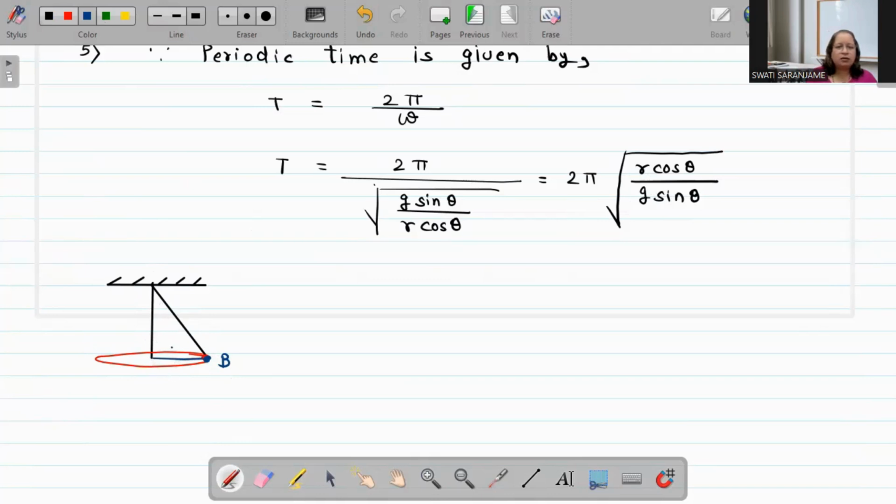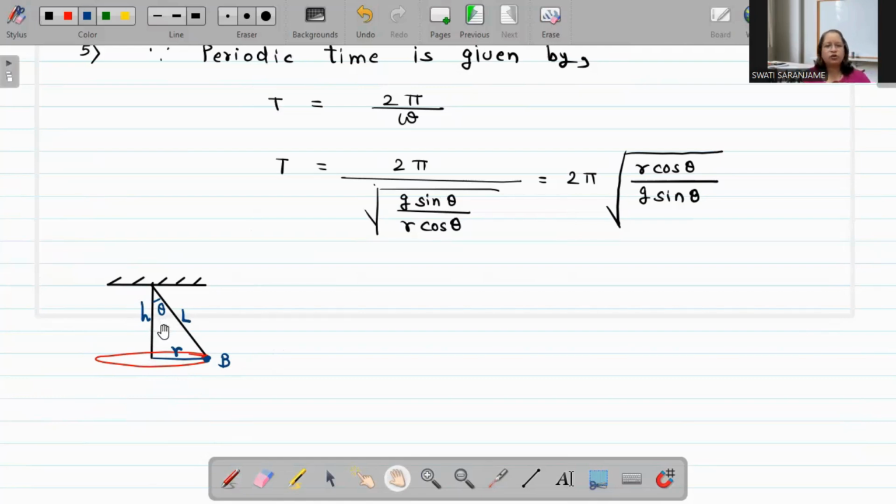This is r, the radius of the circle. This is h and this is l. This angle is theta. If you observe the figure, r is the opposite side to angle theta.